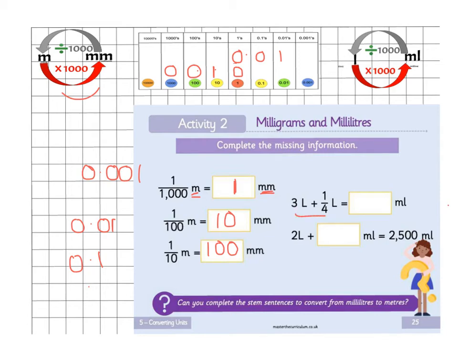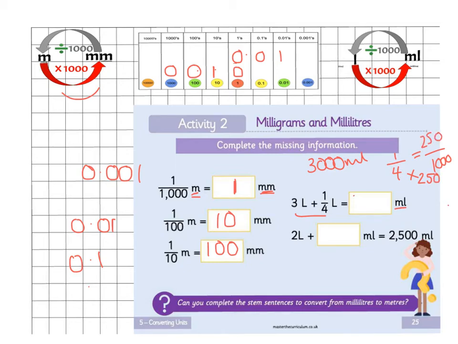Okay, over here we have 3 litres and 1/4 of a litre. So I know 3 litres, if I'm changing into millilitres, would be 3,000 millilitres. And I've got 1/4 of a litre. So 1/4 is what of thousandths? We times 4 by 250 to get to 1,000.